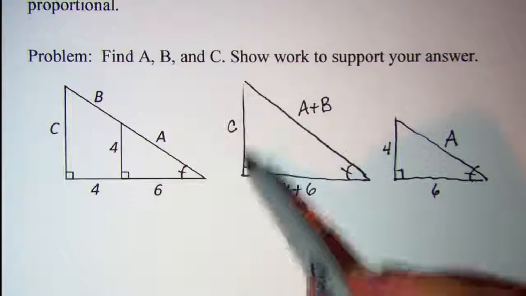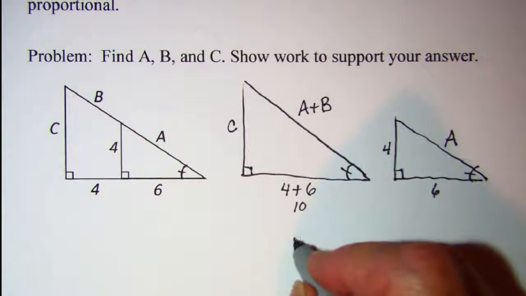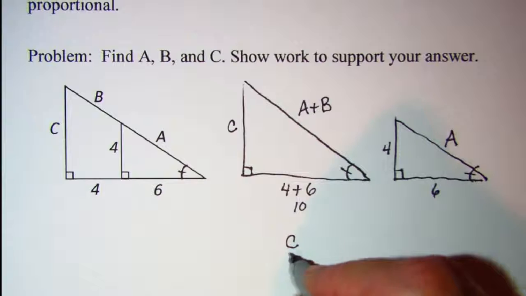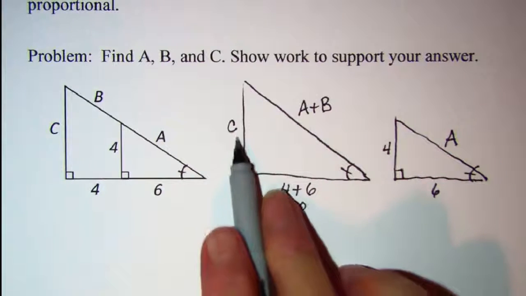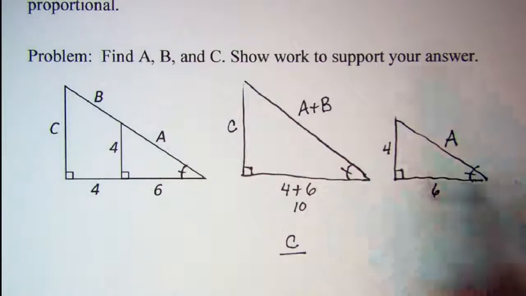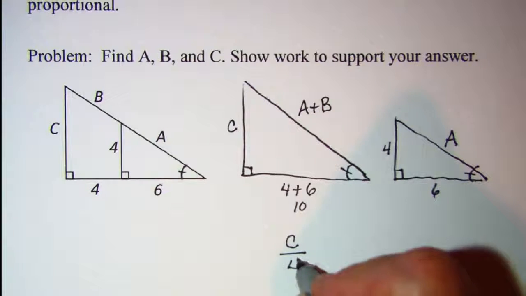C is the vertical side on the left triangle, and it corresponds to 4 on the right triangle.